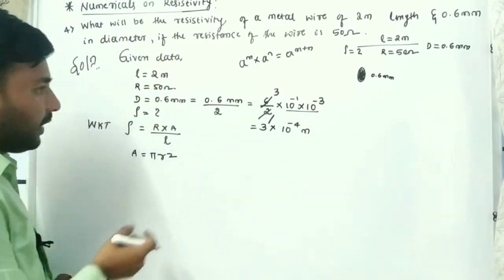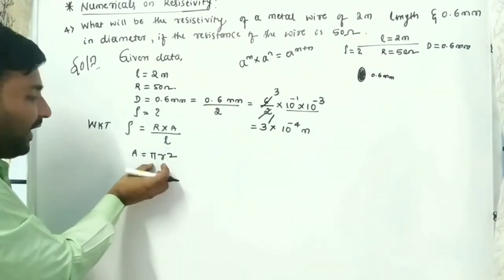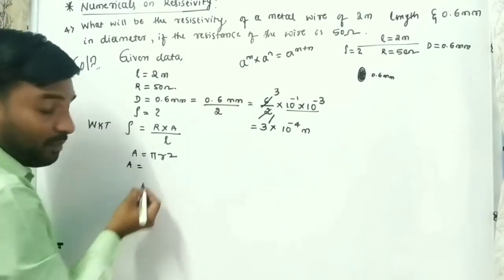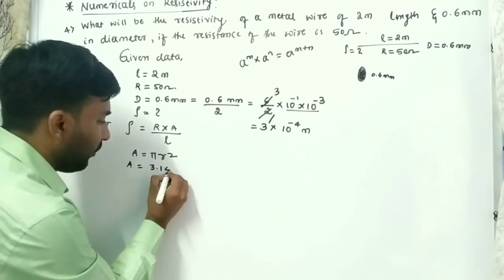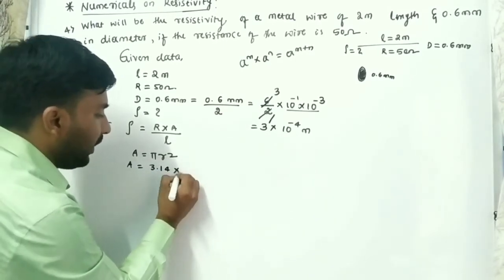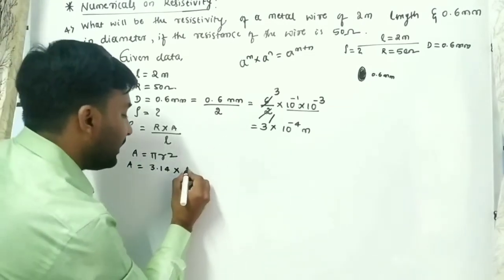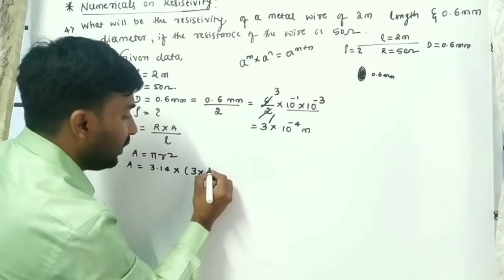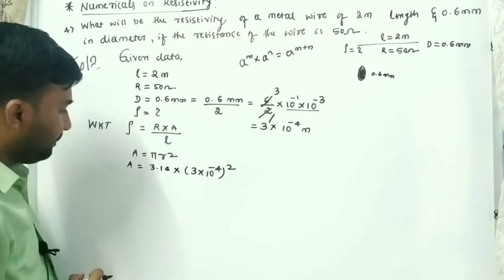Now take this radius and put it in the formula A is equal to pi r square. So here A is equal to, and the pi value you know already, it is constant, 3.14 into the r value we have already calculated here, that is 3 into 10 raised to minus 4, this is squared as it is.